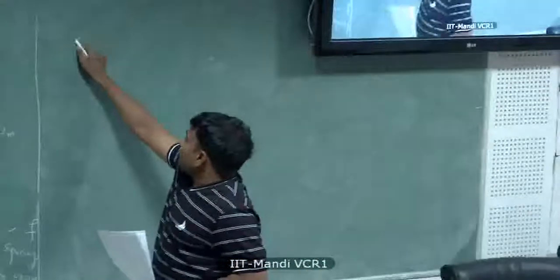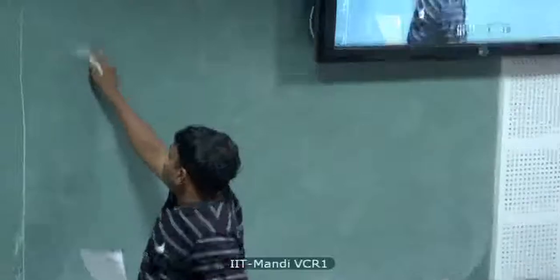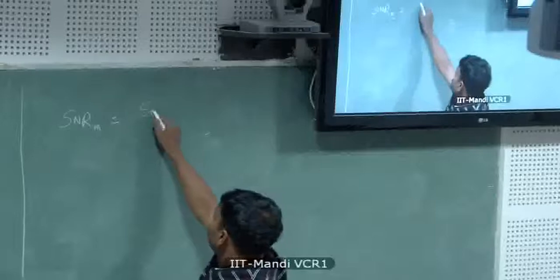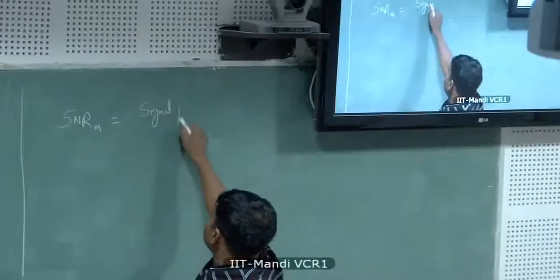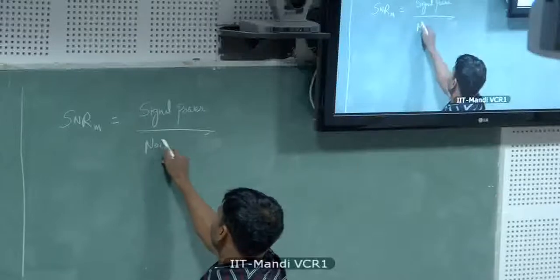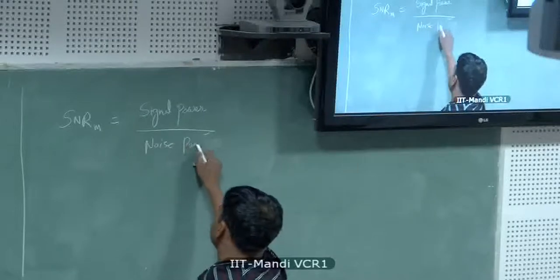So, the signal to noise ratio for any given subcarrier, SNR of m, is the total signal power for that subcarrier divided by the noise power contained in the subcarrier.